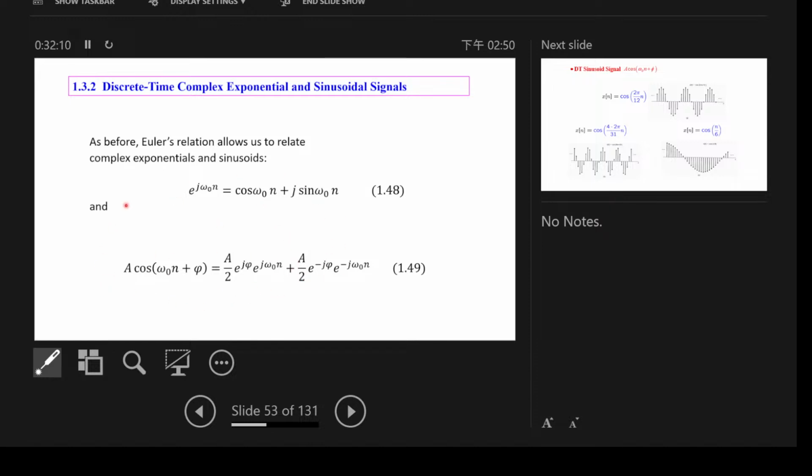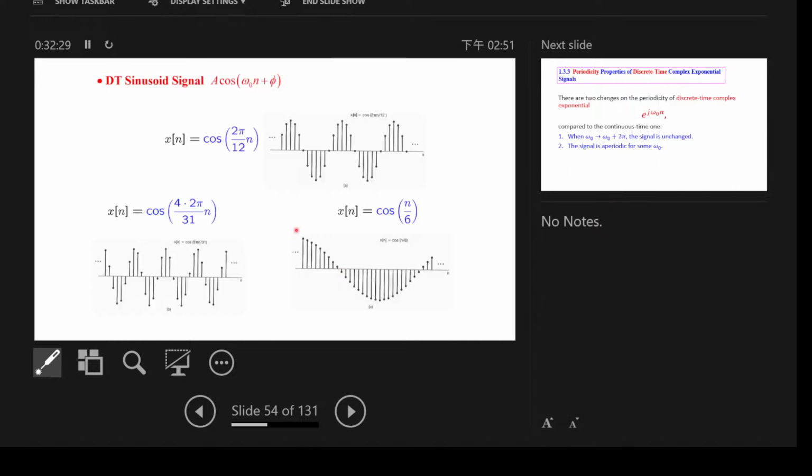So this is basically the same as the continuous time case, except that t becomes n, so e to the j omega n can be written as cosine omega n plus j sine omega n, and this cosine omega n plus 5 can be written as a linear combination of e to the j omega n and e to the minus j omega n.